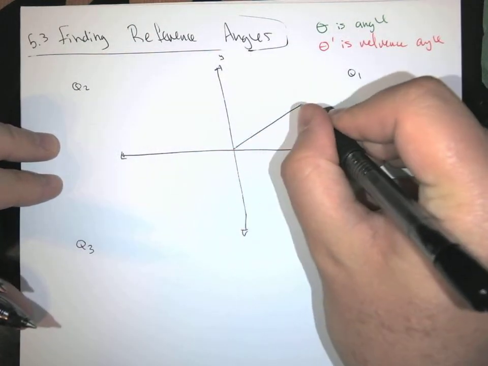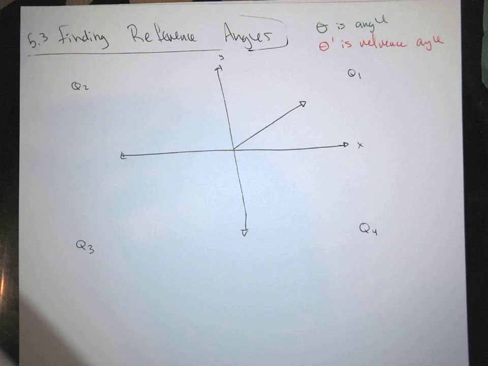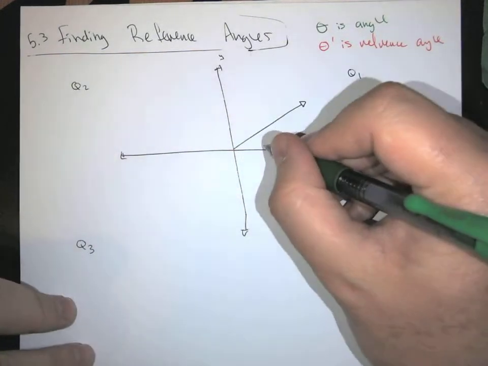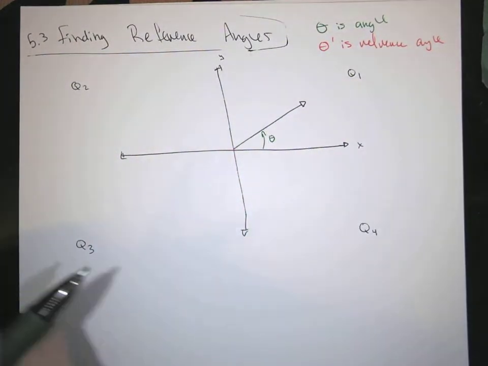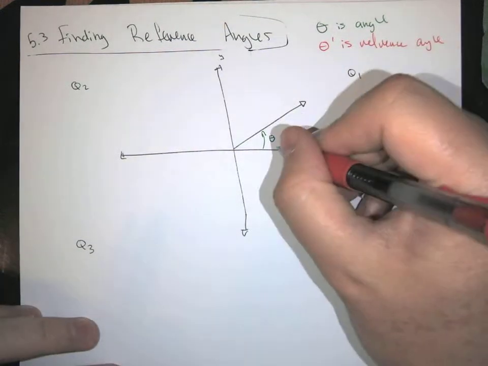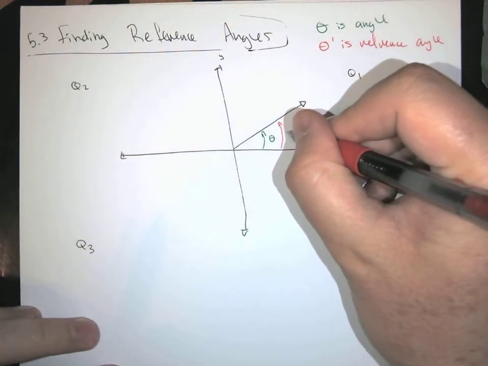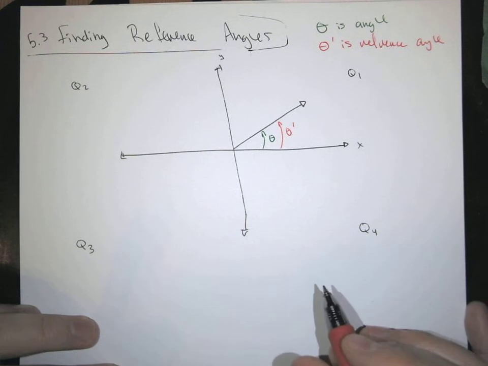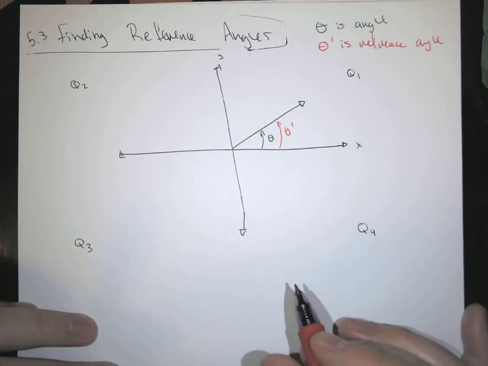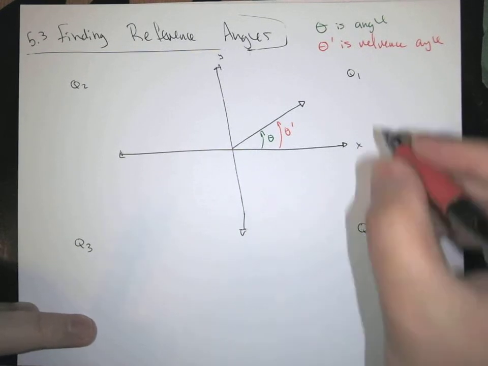So if we just do a generic quadrant 1 angle, what happens for us here is the reference angle is exactly the same. So in quadrant 1, theta and theta prime, the angle and the reference angle itself, are equal to each other.